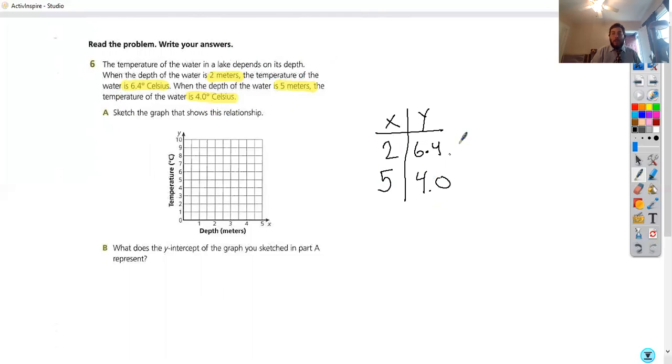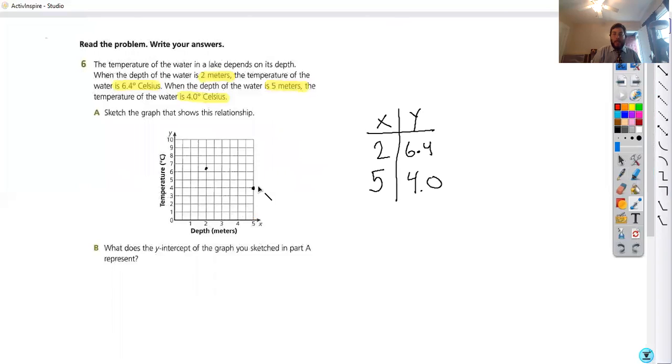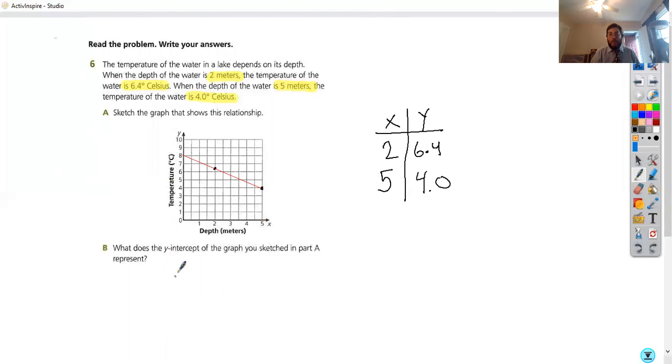So if I was to graph these 2 points on here, we'd go 2, then up to 6, and about, just under halfway to 6.4. And then our second point is 5, and then up to 4. So if we're going to sketch a graph of this relationship, we can connect these with a line that goes all the way over to our y-axis here.